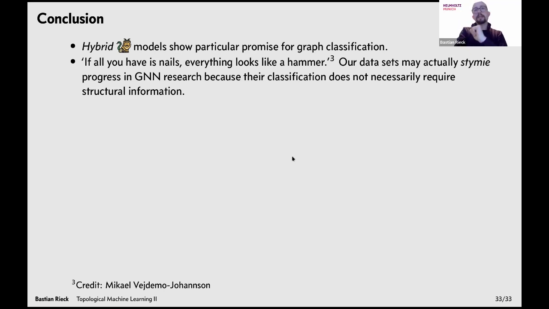And I think that's a problem, because if we're collecting the wrong data, and if we're measuring the wrong things on this data, then we also develop the wrong methods. We might fool ourselves into believing that, oh, well, they are extracting some structural information. But in the end, they're just very, very good at leveraging structural information that is already there, that has been put into the data set by some modeling decision.